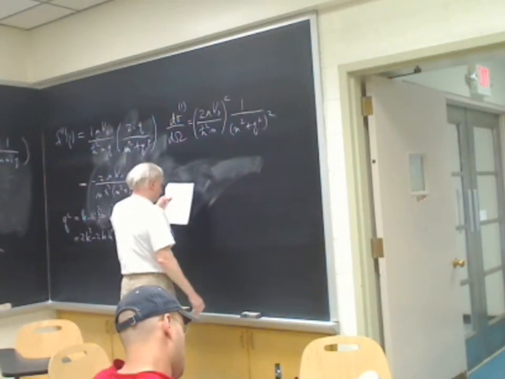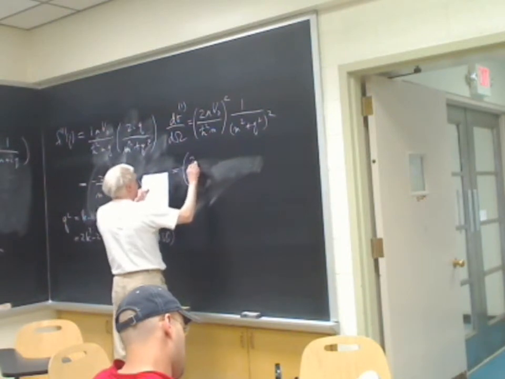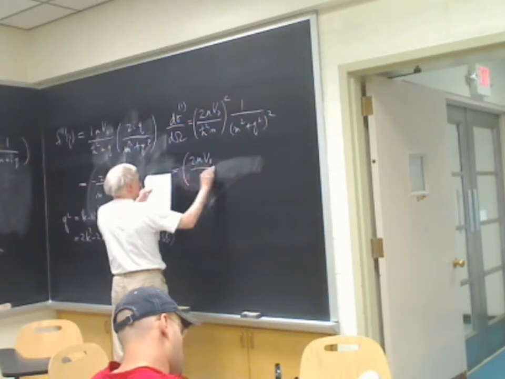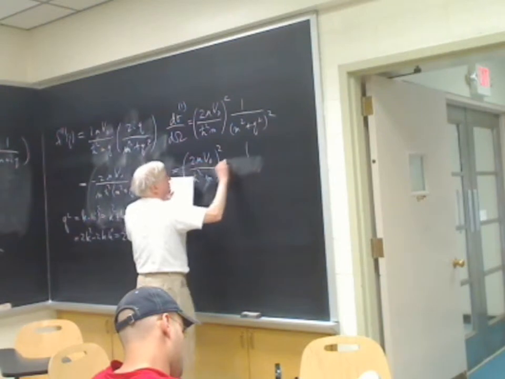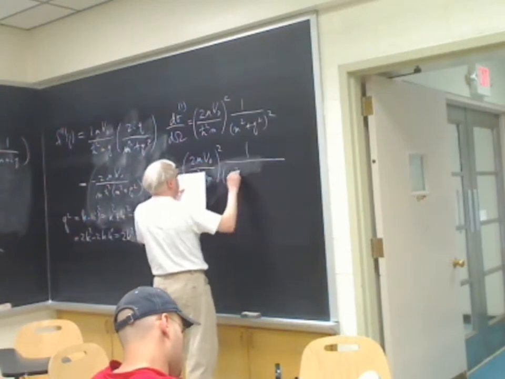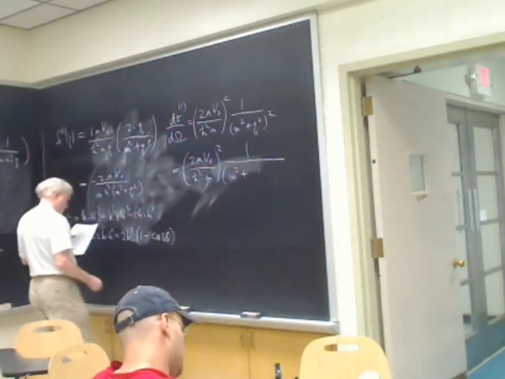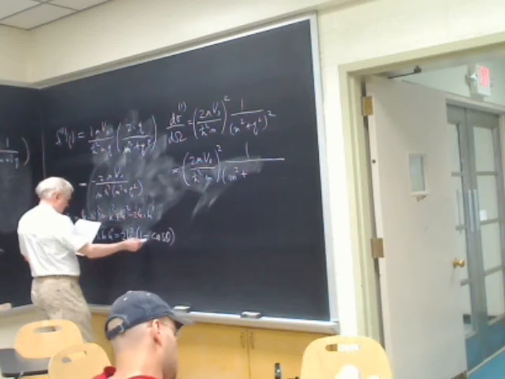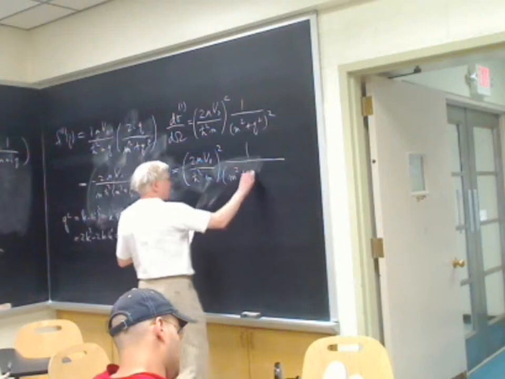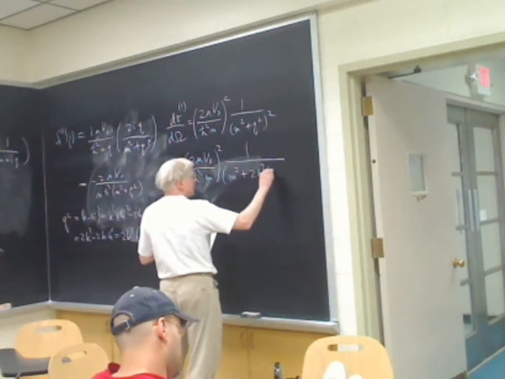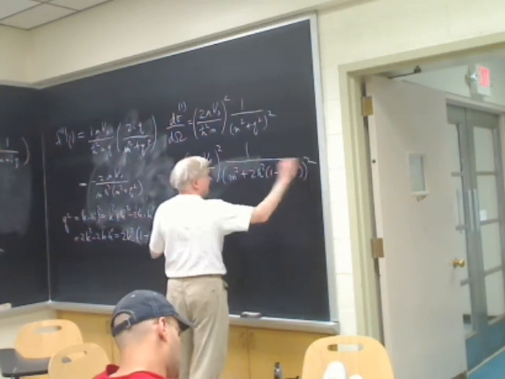And that's equal to 2 mu V0 over h bar squared m squared, times 1 over m squared plus 2k squared times 1 minus cosine theta, squared.